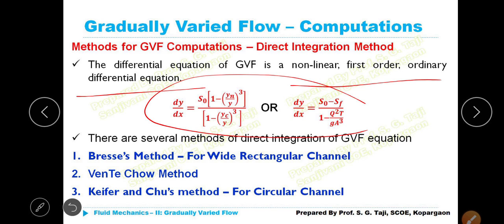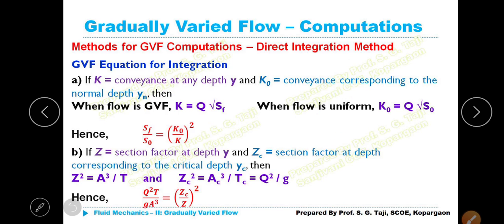What are these? S0 is bed slope, yn normal depth, y depth of flow, yc critical depth, Sf energy line slope, Q is the discharge, T is the top width, g is acceleration due to gravity, and A is area of cross section of the open channel. There are several methods of direct integration of the GVF equation: Bresse's method for wide rectangular channel, Ven Te Chow method, Kiefer and Chu's method for circular channel.